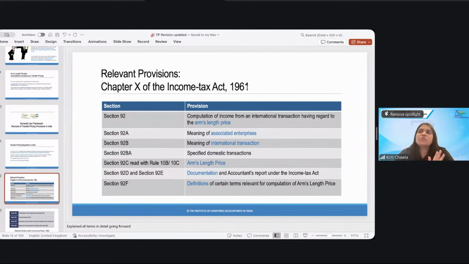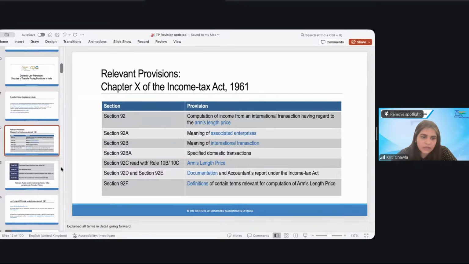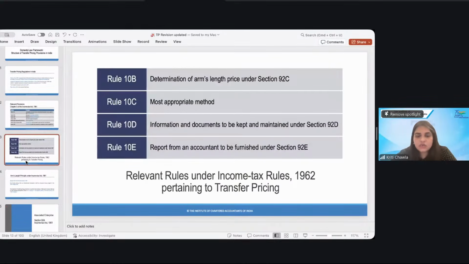Now, all these terms will be explained in detail going forward, and that is how we'll be conducting this presentation today. As far as the rules are concerned, these are the relevant rules under the Income Tax Rules of 1962, which are pertaining to transfer pricing. Rule 10B talks about the determination of arm's length price under Section 92C.